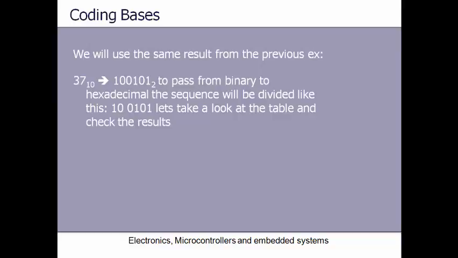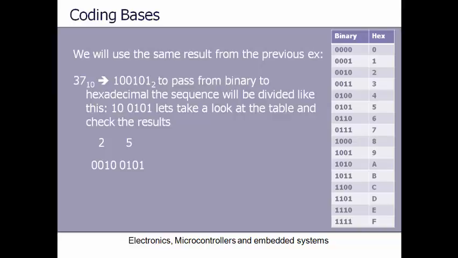We need to divide the sequence into groups of 4 bits, starting from the right. So we start from the right, we take 4 bits, and the rest will be 10, and then 0101. Let's see what that will give us.